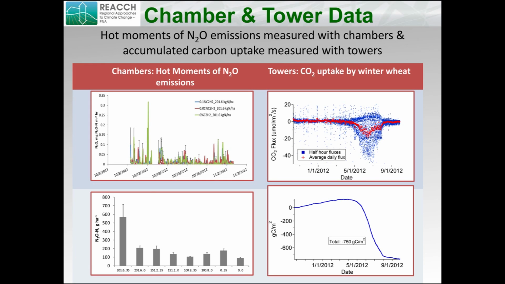This high variability is called hot spot and hot moment behavior. That's when a small area or a small amount of time can disproportionately contribute to the budget for the whole year, and that's been a challenge to measure and to characterize.